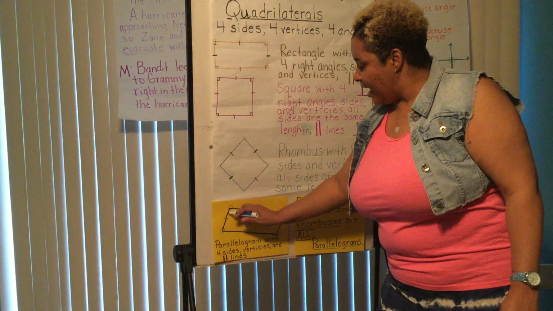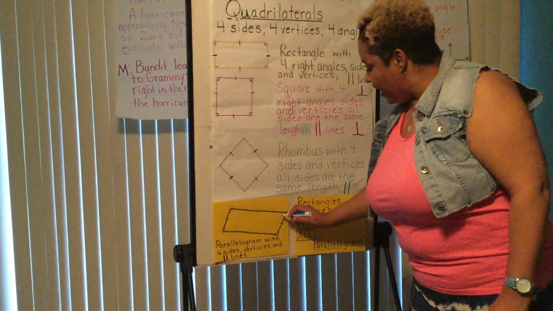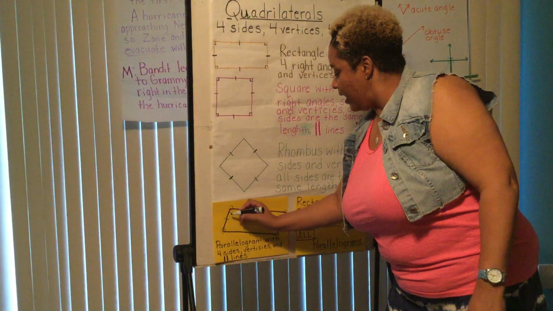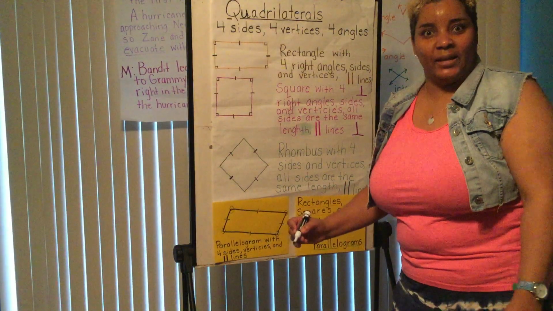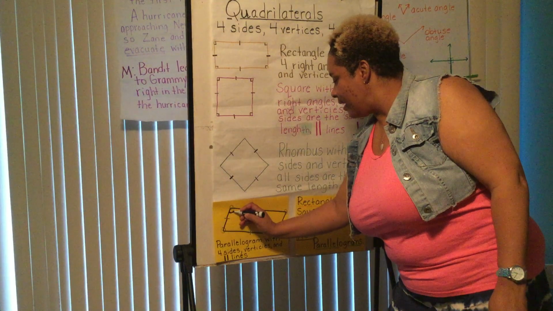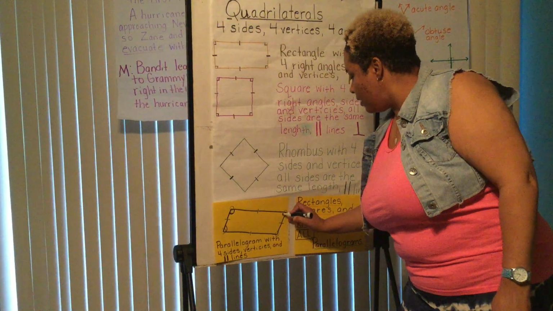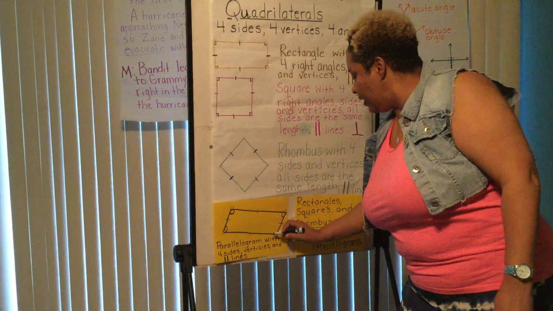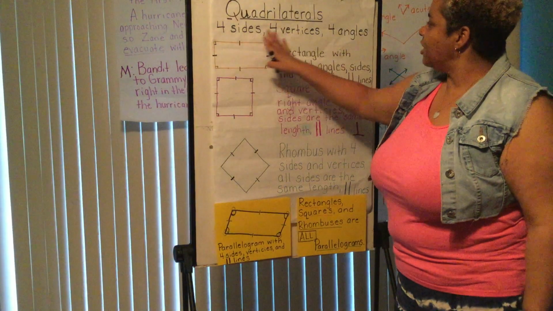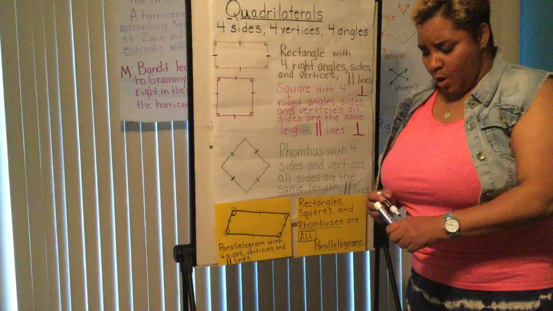So let's see. Angle 1. Oh, that marker isn't working. Feels like we're back at school finding the markers that aren't working, doesn't it? All right, get ready. Angle 1, angle 2, angle 3, and angle 4. 4 sides, 4 vertices, and 4 angles.